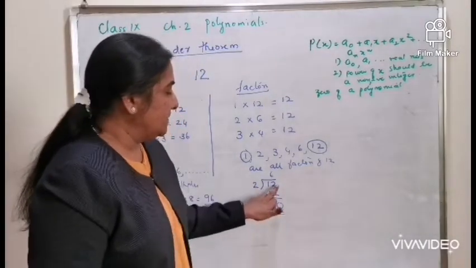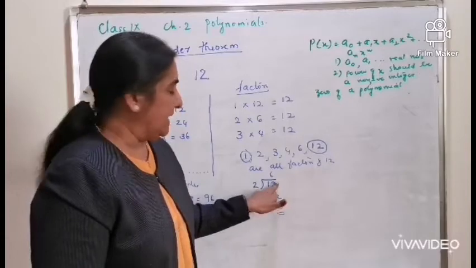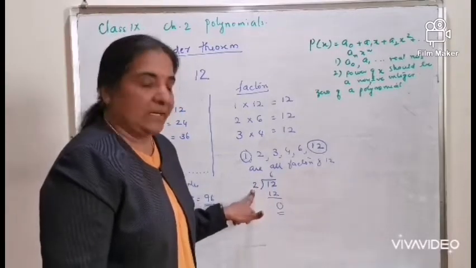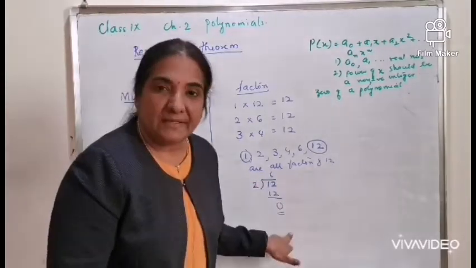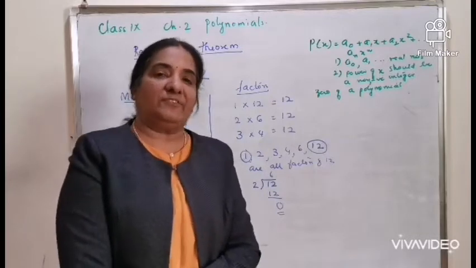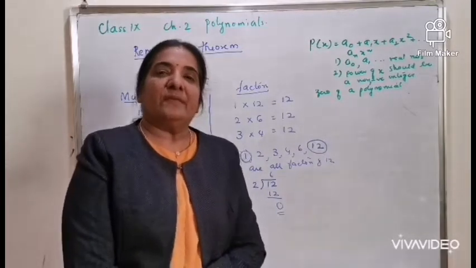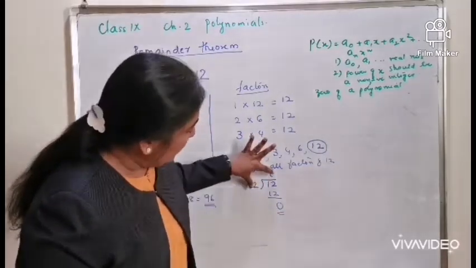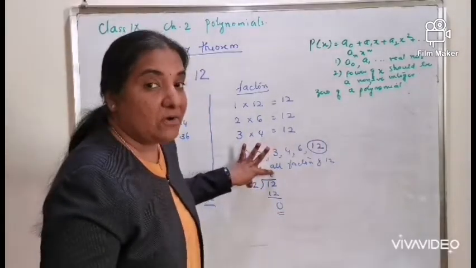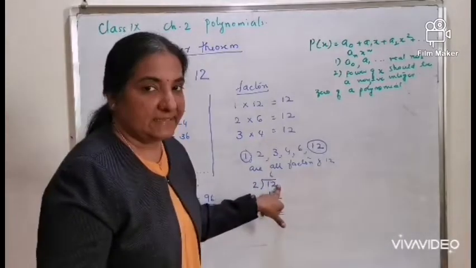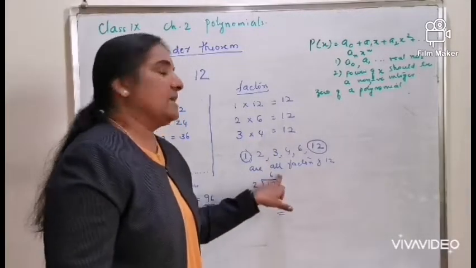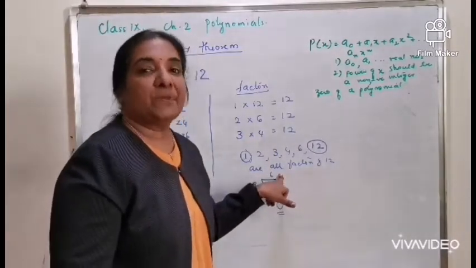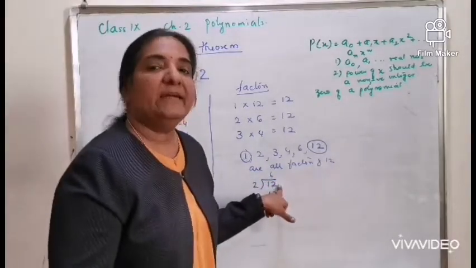So, on division, dividend divided by divisor gives a quotient and a remainder. If the remainder becomes 0, the divisor as well as the quotient will be factors of the dividend.